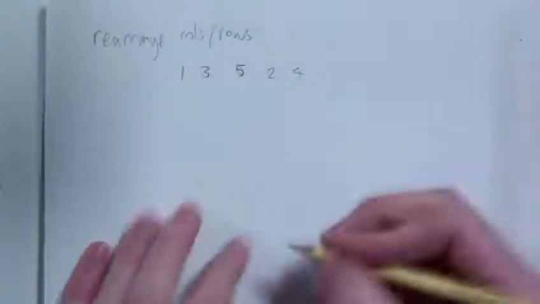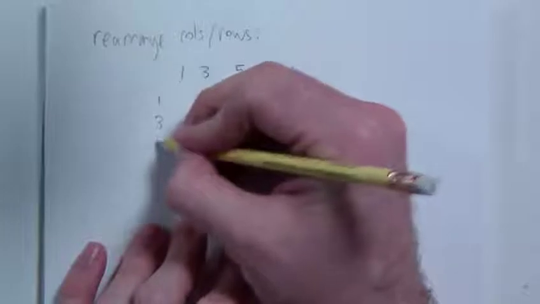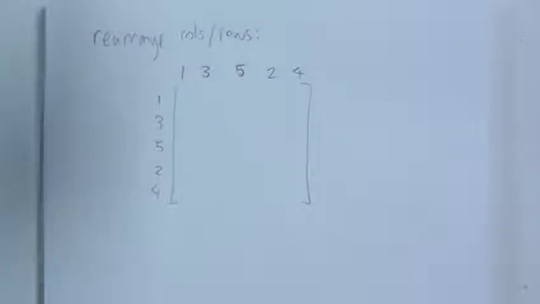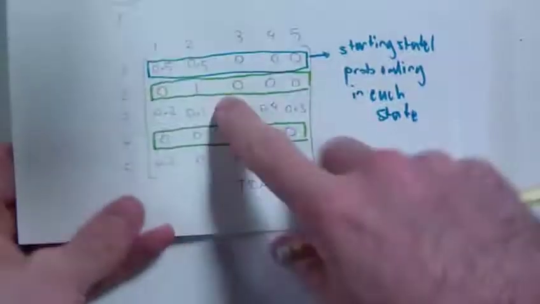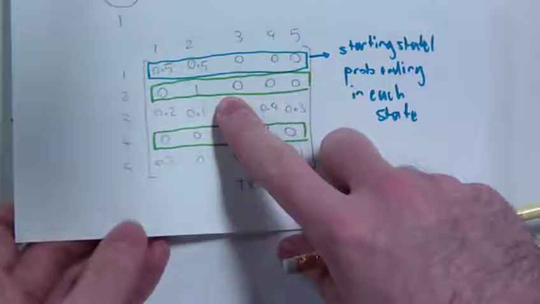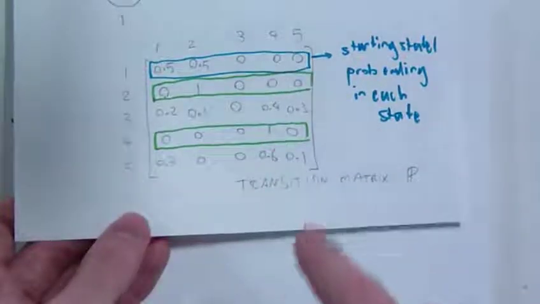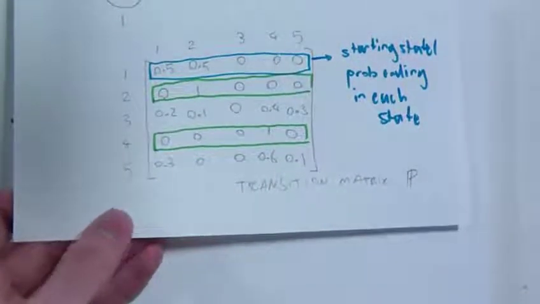It's a coincidence that my absorbing states were the even ones. That's not always true. And then I'll put them in the same order here. So you could, if you wanted to, take this matrix and literally rearrange the rows and the columns. I find that harder than just going back to my diagram or reading off from this matrix what goes where.